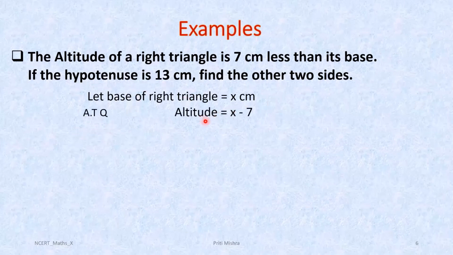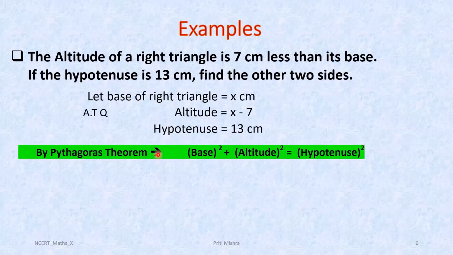Now they have given us the hypotenuse is 13 centimeter. Now we have to find the value of x. And when we know x, then we can say what the base and the altitude are. As you know well, whenever we are talking about a right triangle and we have the measurements of base, altitude and hypotenuse, we can use the Pythagoras theorem.